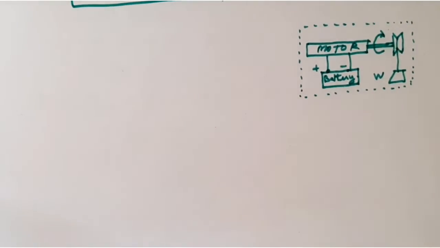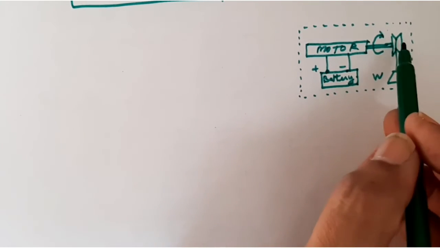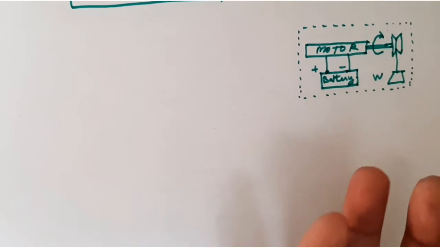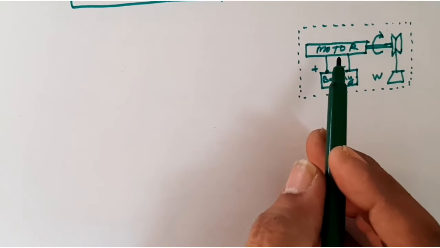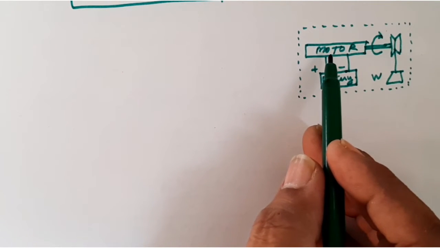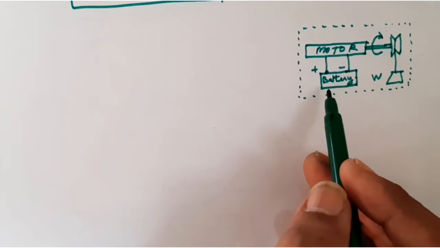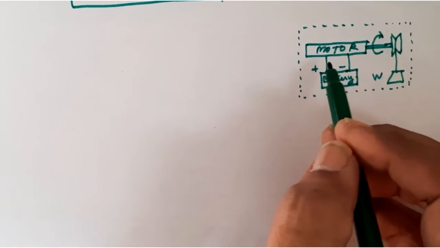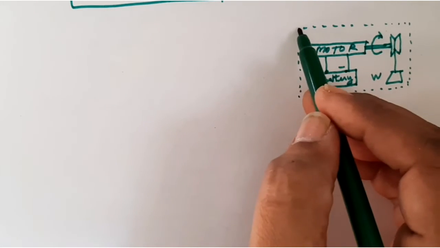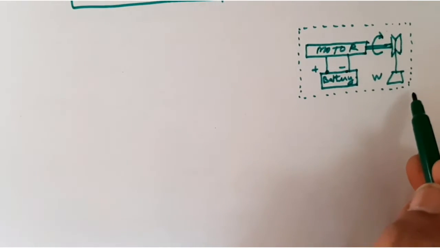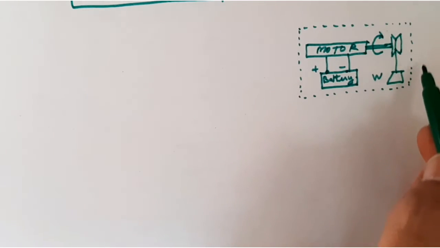So here you can see the weight is lifted in upward direction by using an electric motor and by consuming electrical energy. This system is enclosed in the same boundary, meaning the work is not crossing the system boundary.